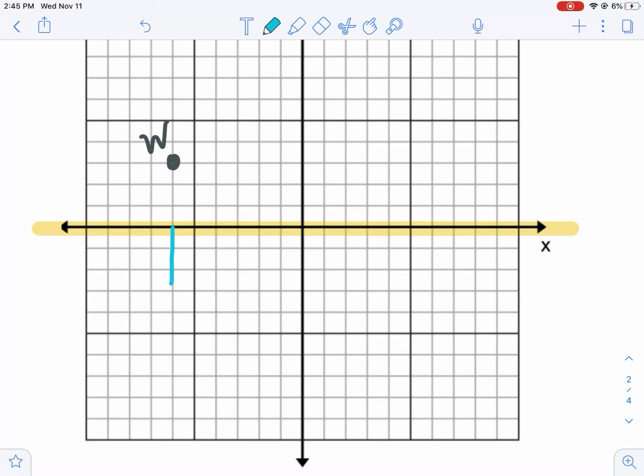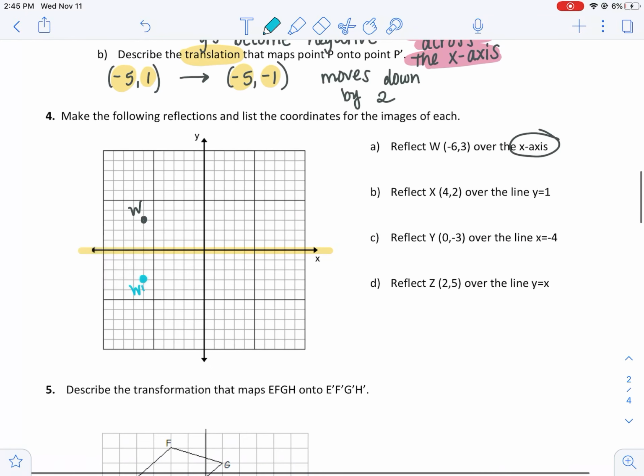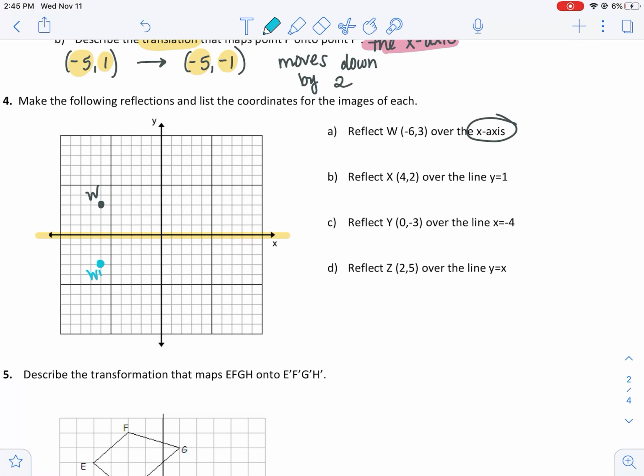So I'm going to go 3 away in the opposite direction and write W prime there. Let's make that smaller. Perfect. Okay, and then just to get in a good habit, let's write where that coordinate is. So once again, x-axis, x's don't change, y's just become negative.